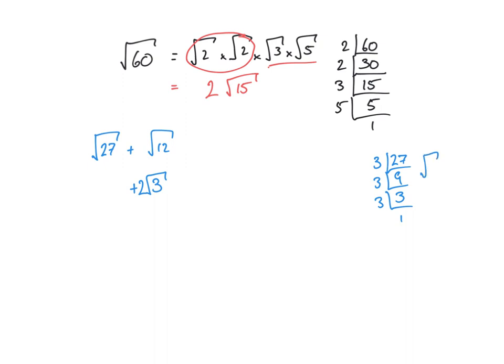So root 27 is equal to root 3 times root 3 times root 3. And in this case, root 3 times root 3 is 3, and we've just a root 3 left over. So it's 3 root 3. So going back to our original question then, root 27 we write as 3 root 3. And when we have 3 root 3s plus 2 root 3s, we can add them together to get 5 root 3s.